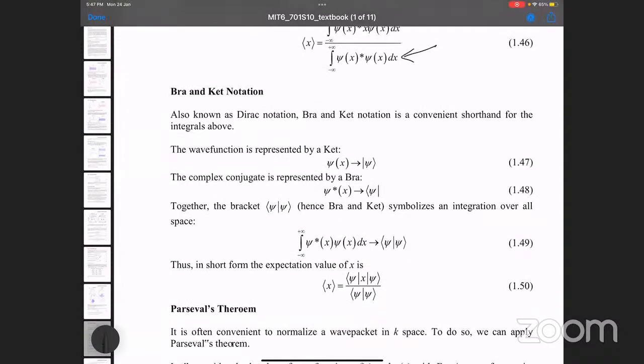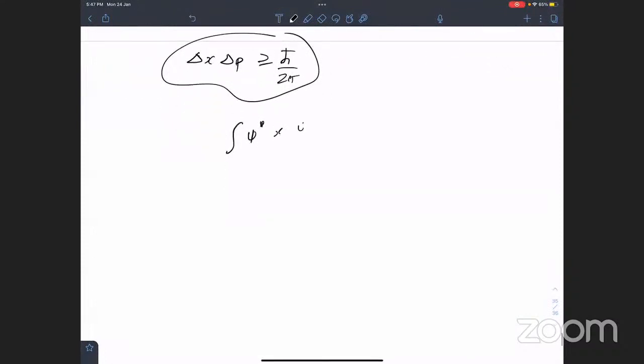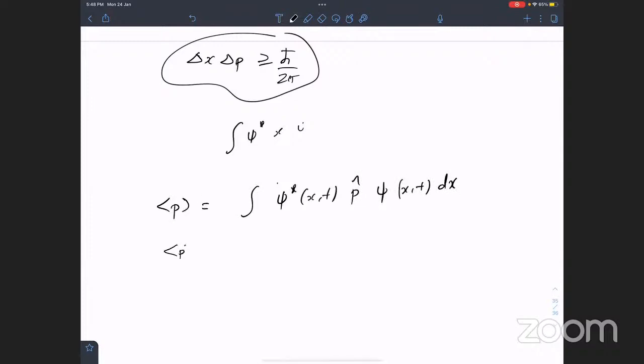Okay. There's a bracket notation. Every time, I don't want to write psi star multiplied by x, psi, all this. So very simply, this integral, psi star(x,t) into whatever operator you want, multiplied by psi(x,t) dx, is the expectation value of the p operator. I can write this as <psi|p|psi>.